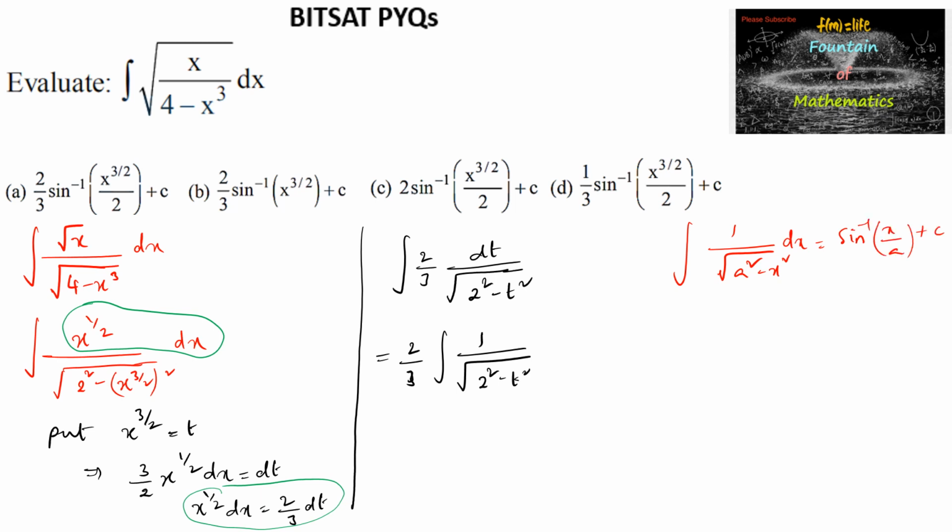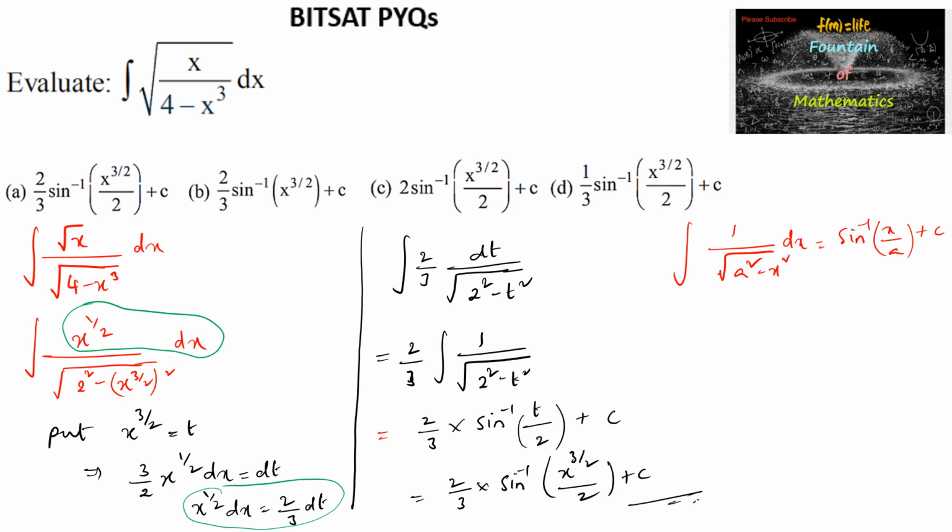So we can write 2 upon 3 sin inverse of t upon 2 plus c, constant. So t is equal to x power 3 by 2. So 2 by 3 into sin inverse of x to the power of 3 by 2 divided by 2 plus c is the answer, which is our option A.